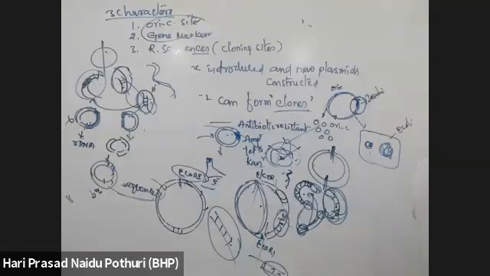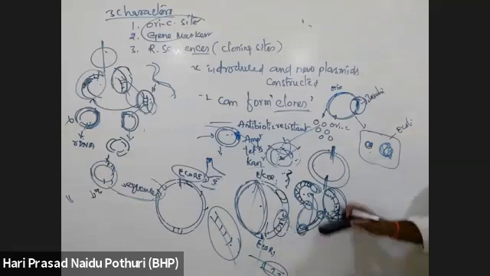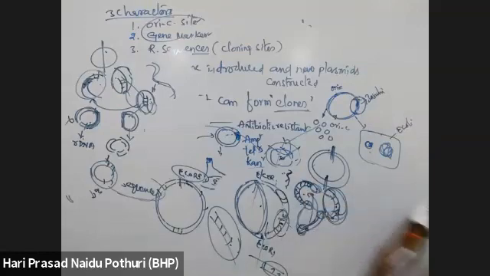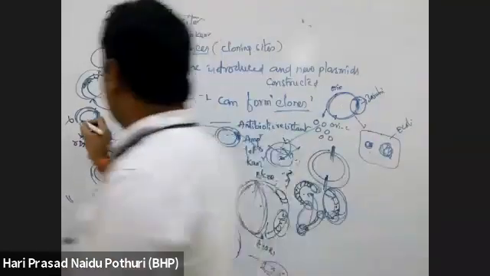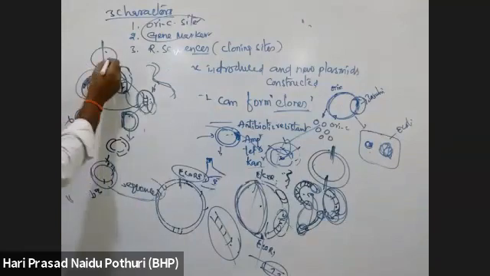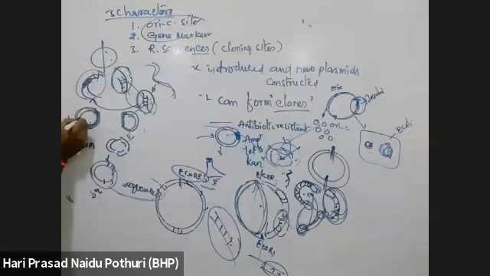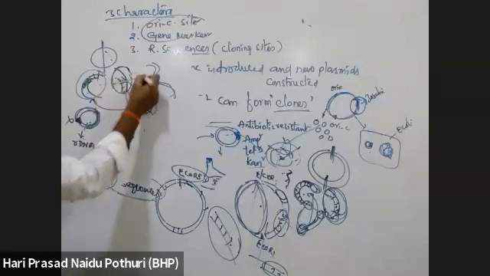Because of the small size, they replicate faster. But for multiplication, there is the ORC site. The ORC site is lost. That's what I am saying. The ORC site is lost. But you are thinking about your doubt, you are asking your doubt. Yes or no? Suppose even the ORC site is present on this side, and this part is lost.